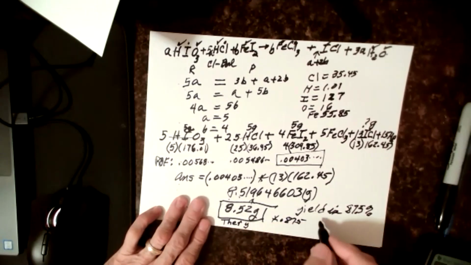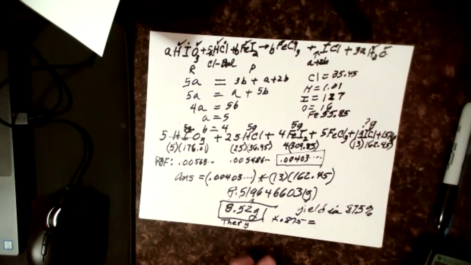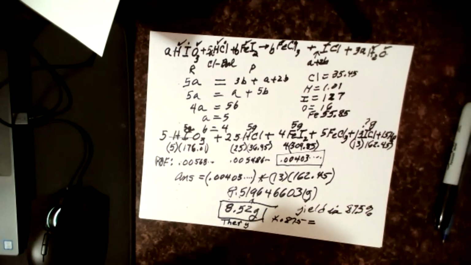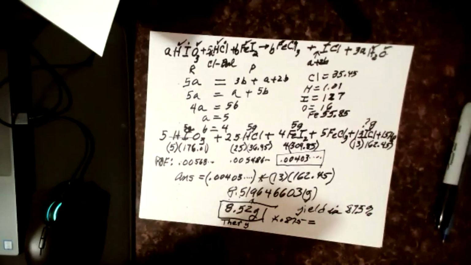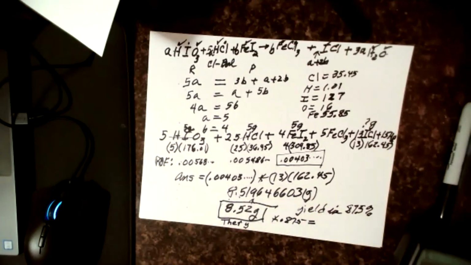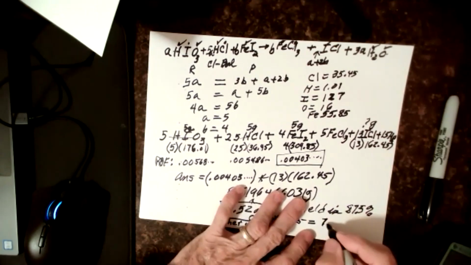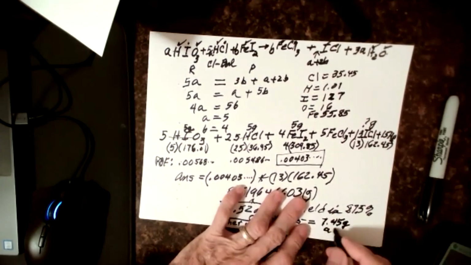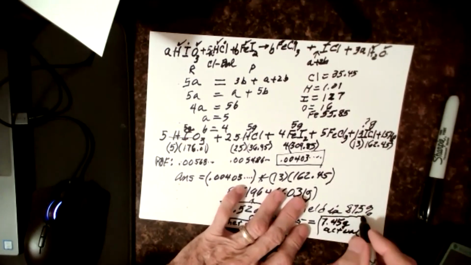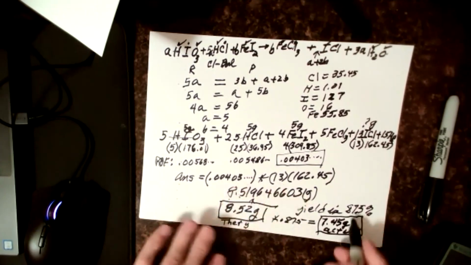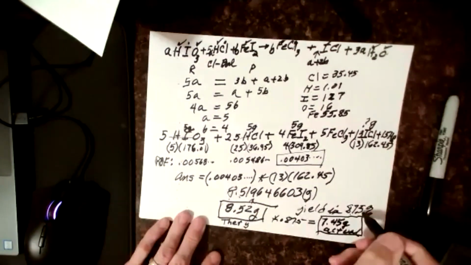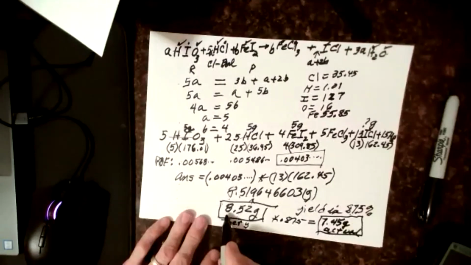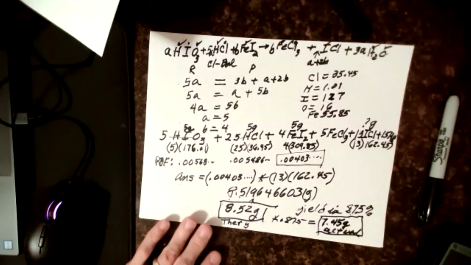Multiply by 0.875, and I would get 7.45 grams actual. So my actual yield is only going to be 7.45 grams in this reaction that's 87.5% efficient. The theoretical yield would have been 8.52.